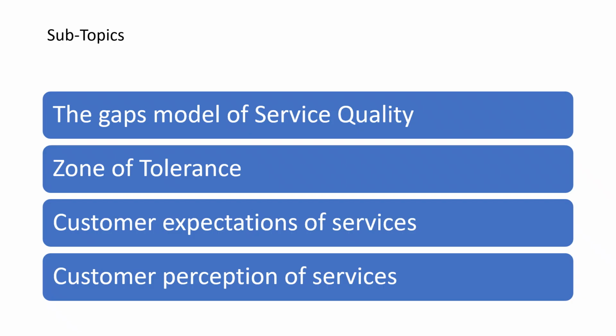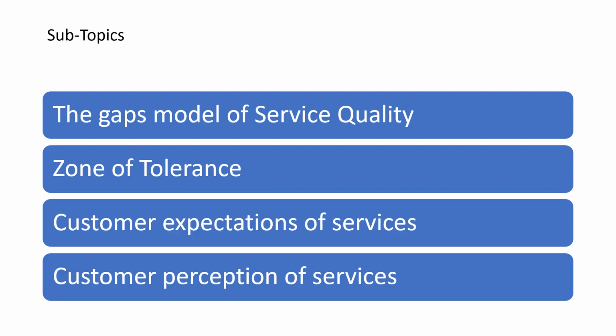That's why we named it Focus on the Customer, which is basically the difference between what customers expect from a service and what they actually perceive or experience or receive. And so in simple terms, what customers think should happen and what customers feel actually happened.